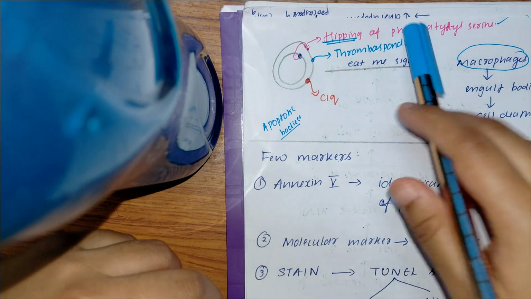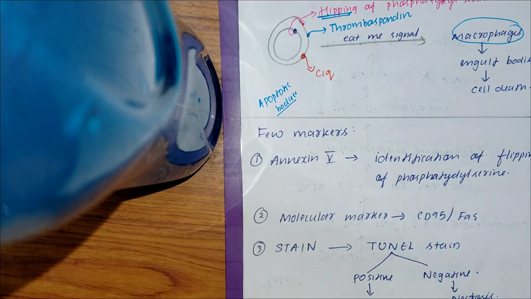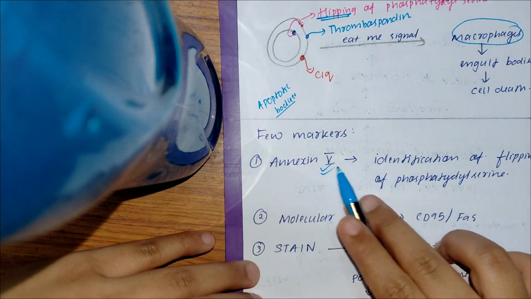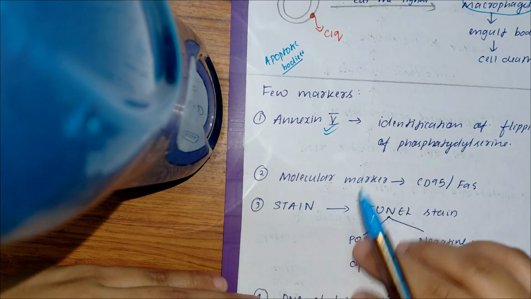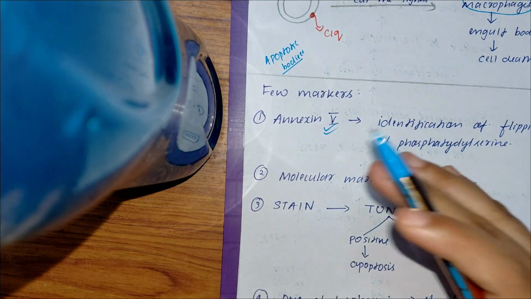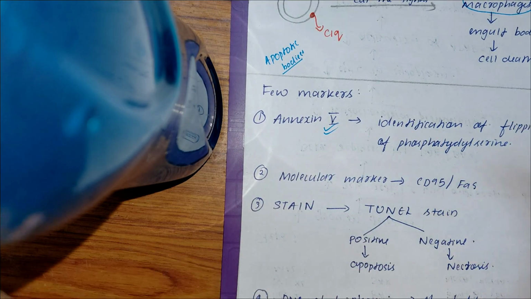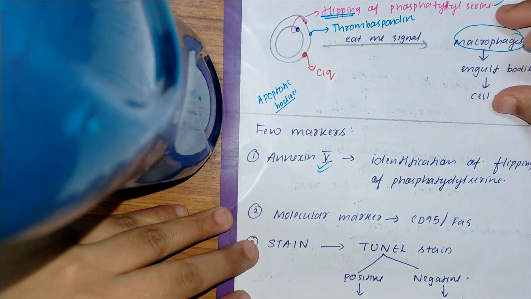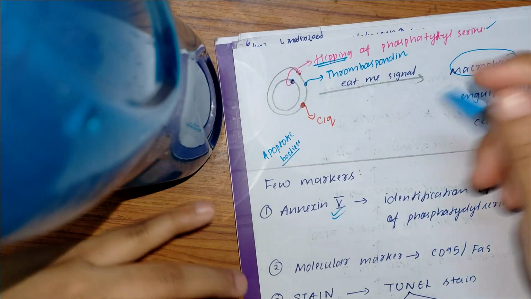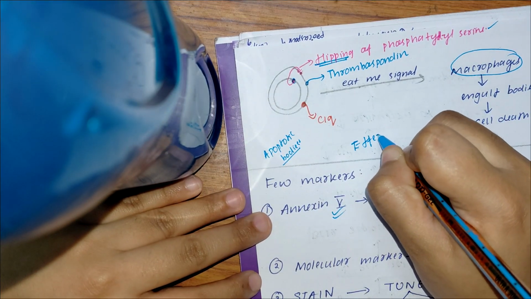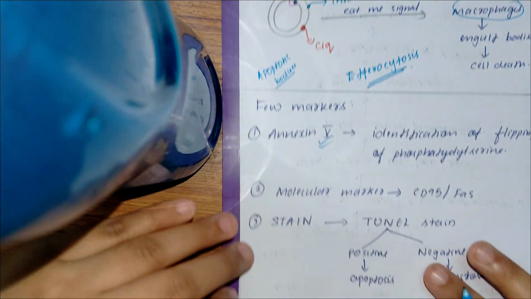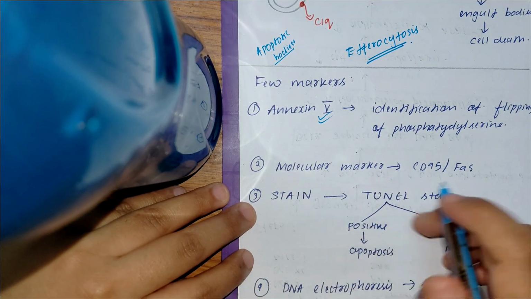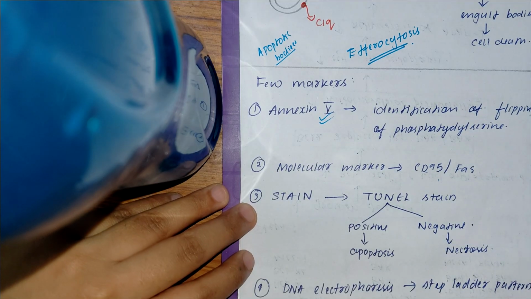There is a marker for flipping of phosphatidylserine, that is annexin V. So when we see annexin V, we can know that the flipping has happened, which means some apoptosis is going on. And I forgot to mention, this process is called efferocytosis. I will write it down. Efferocytosis.